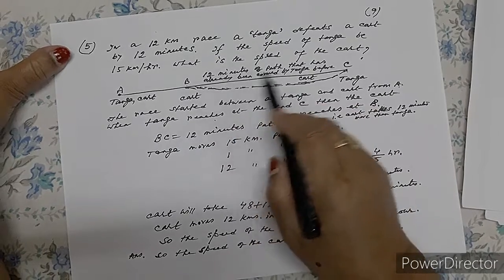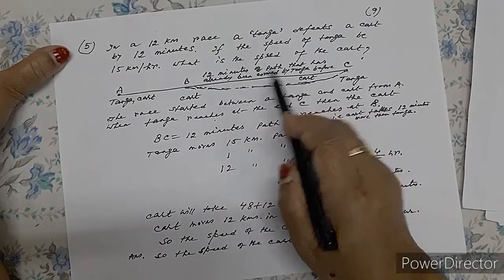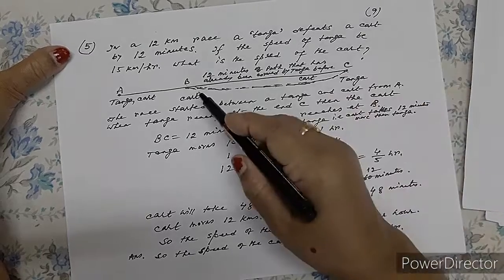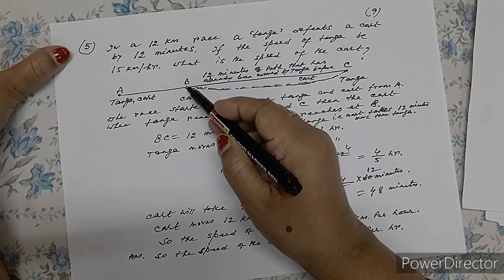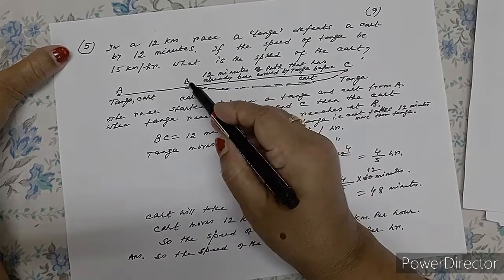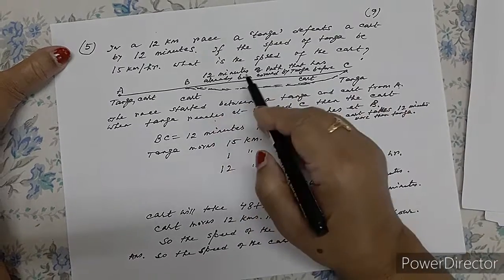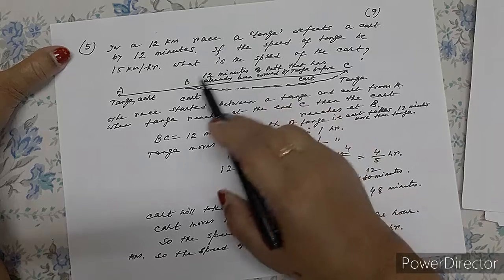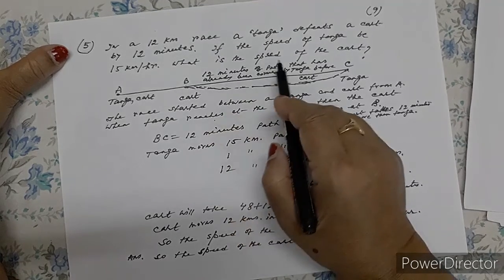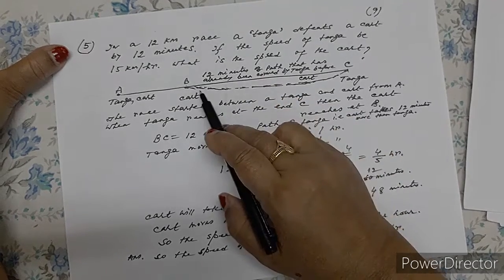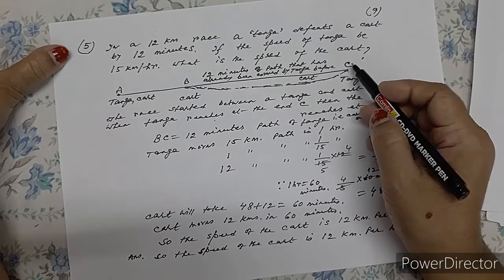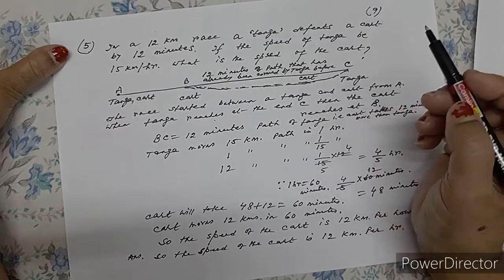The cart has to cover this 12 minutes path because the end point is C and the cart was at B. If the cart has to reach point C, then it has to go another 12 minutes, by which time the Tanga has already reached the end point C.